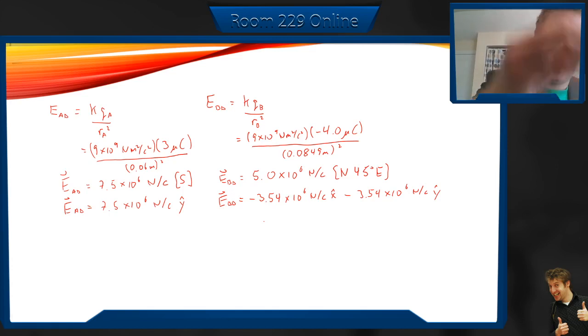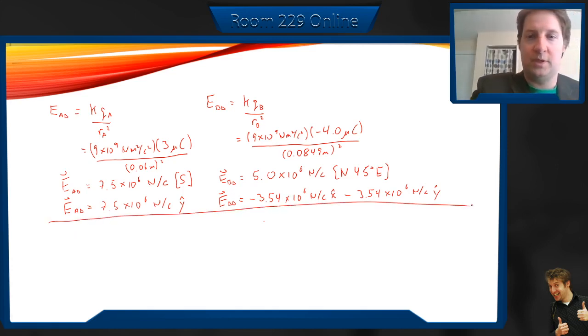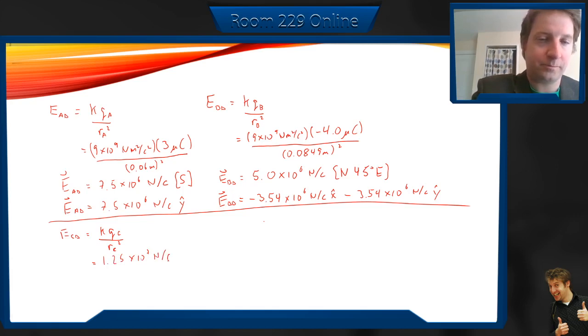And we can do the last one, C on D. So it's just the electric field, C on D, and again, k times the charge of C all over the distance to C squared. Now I'm just going to skip a step here. This is going to be 1.25 times 10 to the 7 newtons per coulomb.